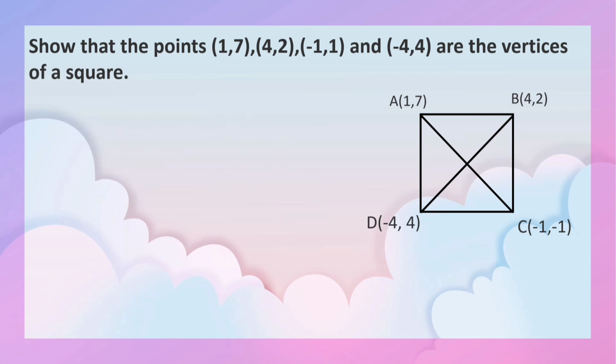Now let us find the length of AD or DA. Both are same. Let this point be (x1, y1). This point be (x2, y2).